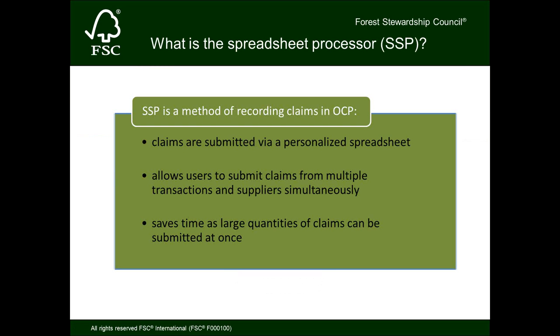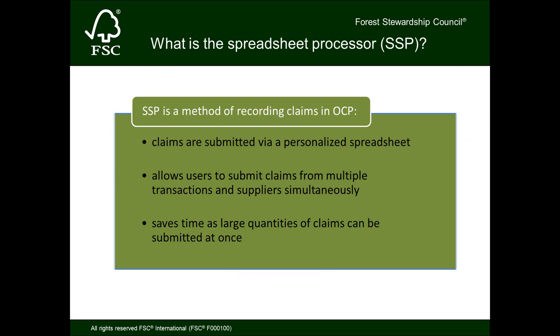In the web interface, it takes approximately between 20 and 30 seconds or so to record each claim. In the spreadsheet processor, you simply use a Microsoft Excel spreadsheet, a personalized spreadsheet specific to your organization, specific to the activity that you're carrying out, in order to be able to record as many claims as you like, and it can record literally tens of thousands.